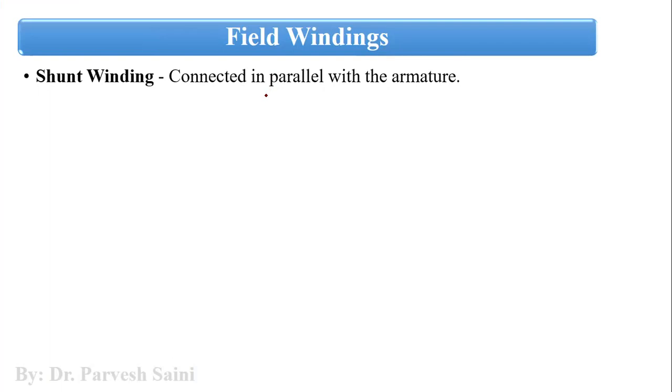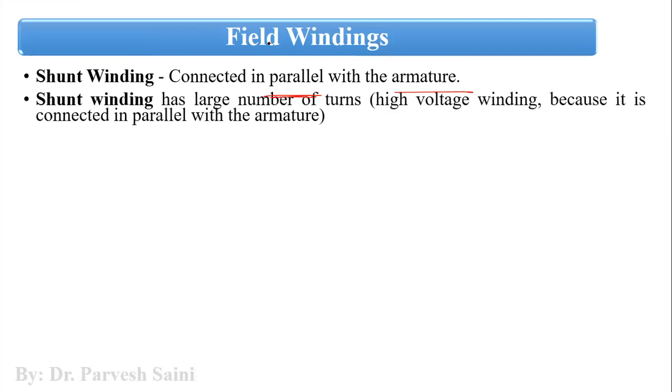Shunt winding will always be connected in parallel to the armature, right? Shunt winding will have large number of turns. These are the high voltage winding, and their resistance is high. Okay, and these machines, the shunt machines, are generally known as the constant speed machines.